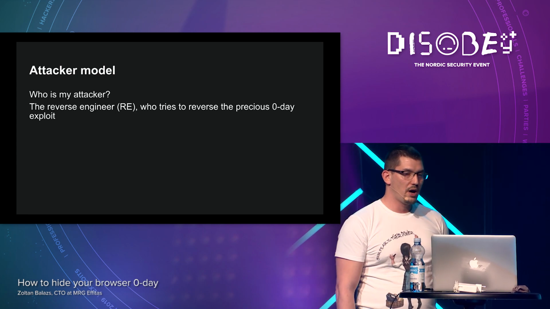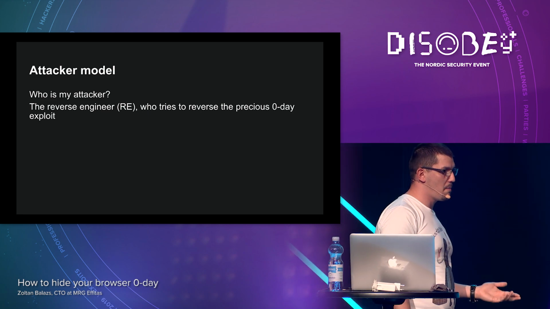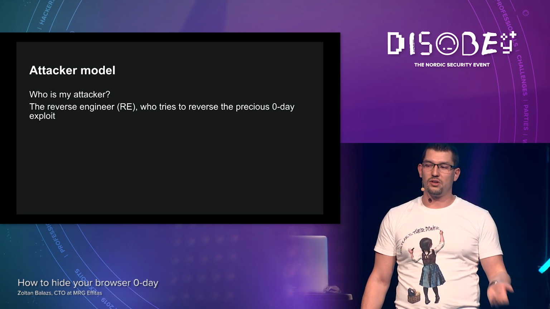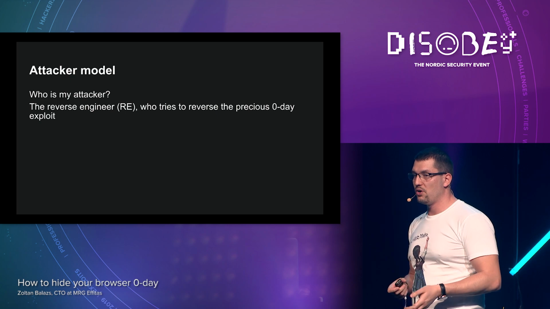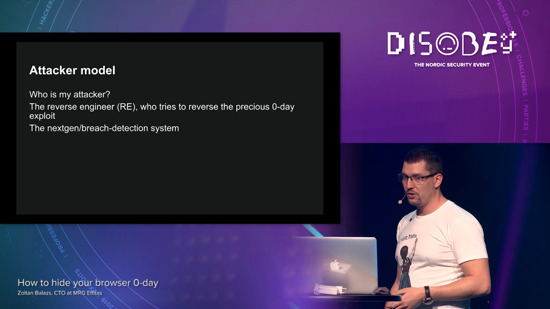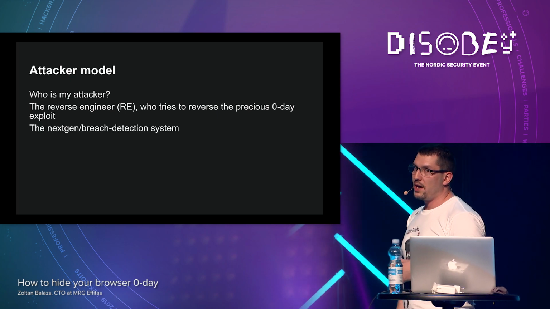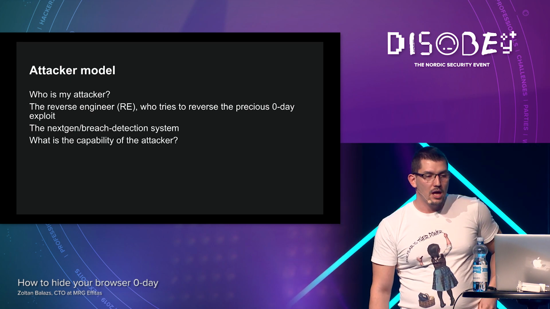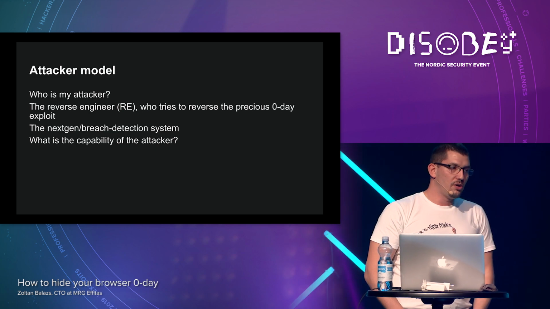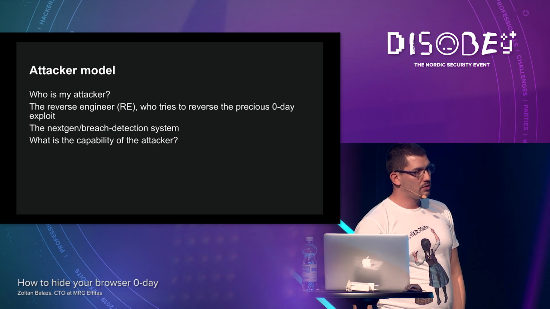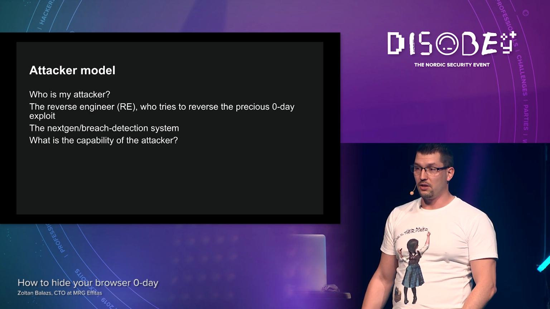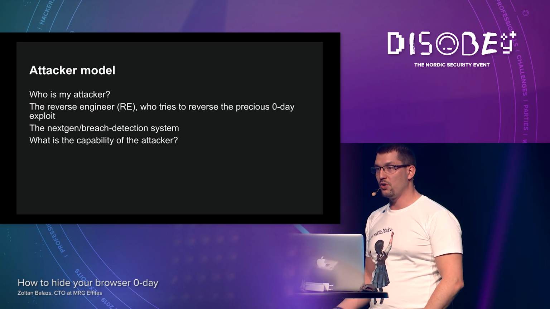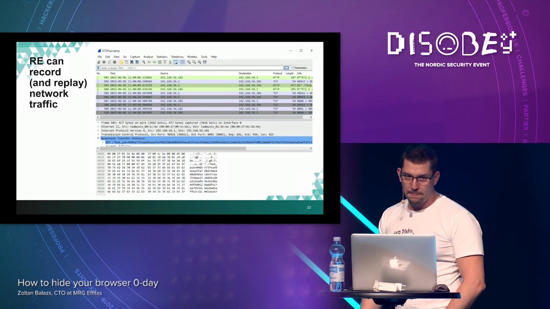I will talk about who my attacker is, and in my case now, my attacker is the reverse engineer who tries to reverse the precious zero-day exploit. Also, my attacker is this next-generation breach detection system, and I will also talk about what these guys can do to reverse engineer my code.